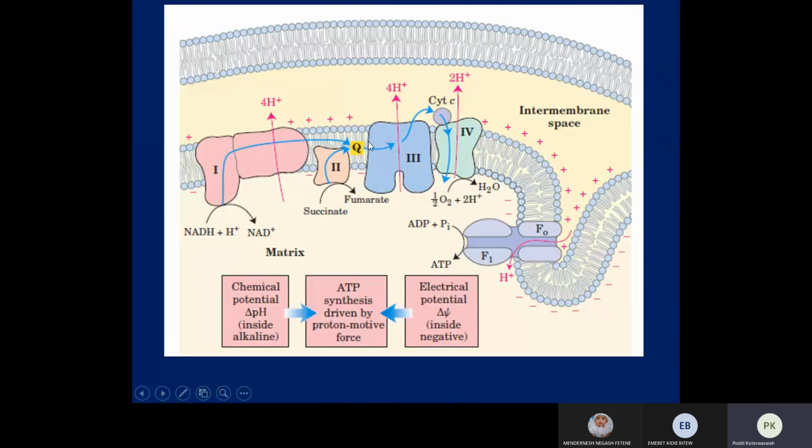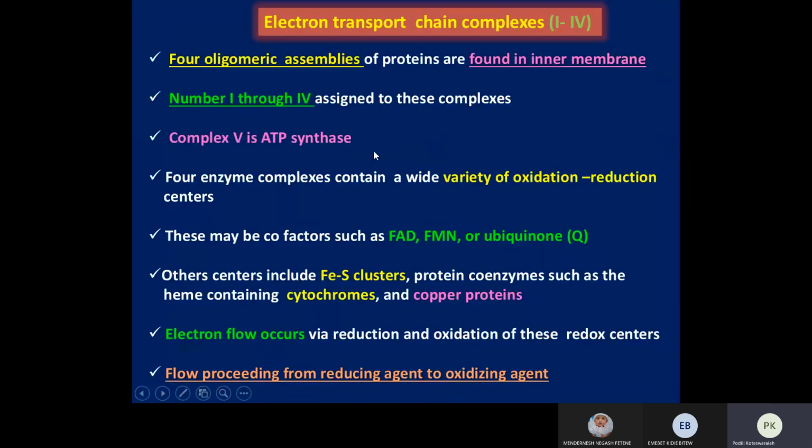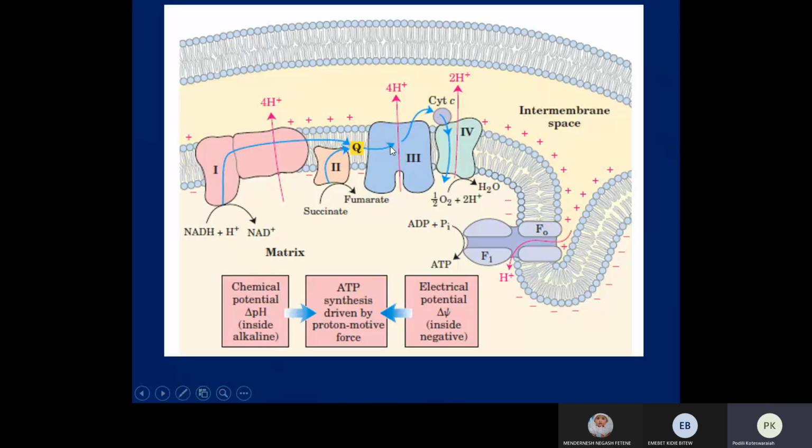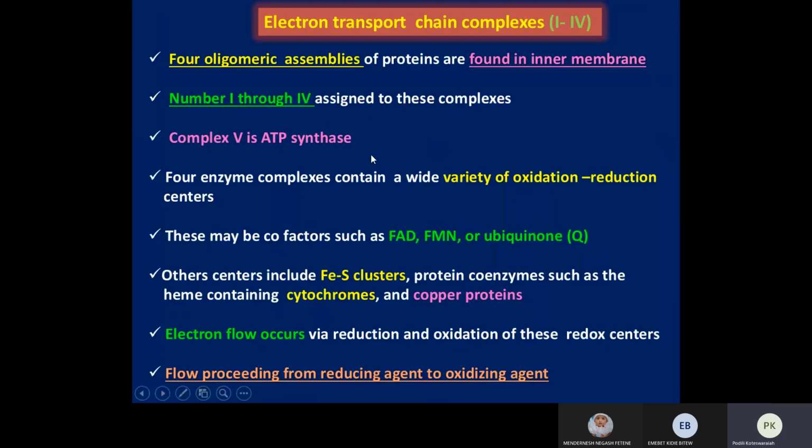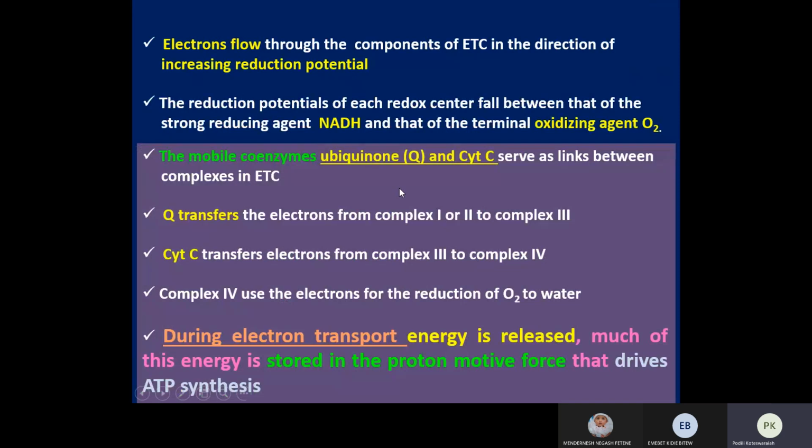That's why it is called a mobile electron carrier. In the same way, cytochrome C can transfer electrons from complex 3 to complex 4. Ubiquinone is a lipid molecule, whereas cytochrome C is a protein. That is the only difference between them.